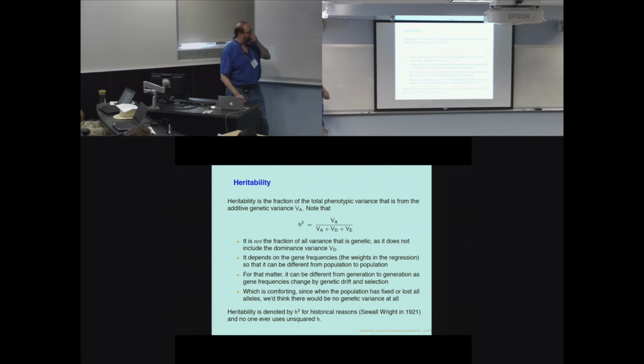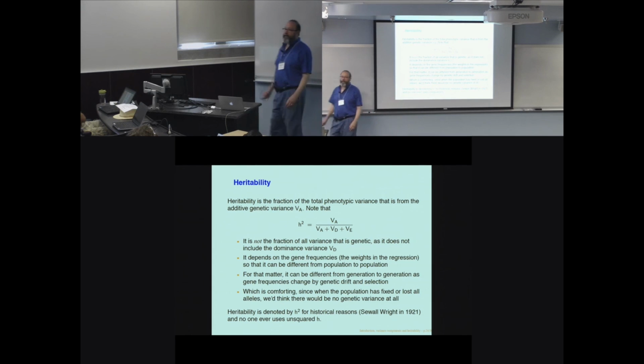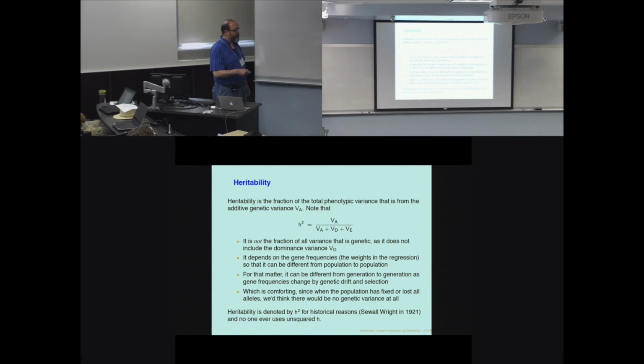So they're different in different populations. I should just mention that for historical reasons connected with his machinery of path coefficients, the heritability turns out to be the square of a quantity h. That quantity h, defined by Sewall Wright, is never used by anyone in quantitative genetics. So heritability is always written h squared, and there's never any need to square root it. It's kind of irritating, and you kind of like to square root it, but then what you get isn't useful.